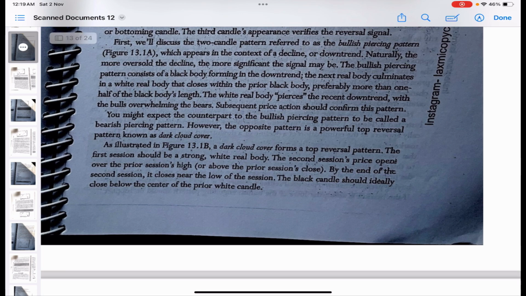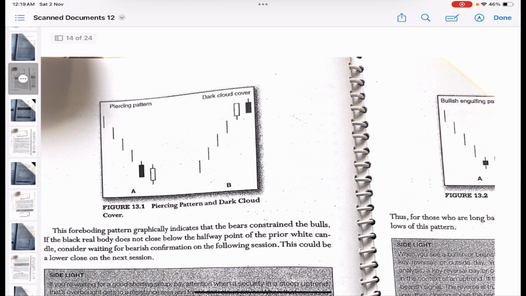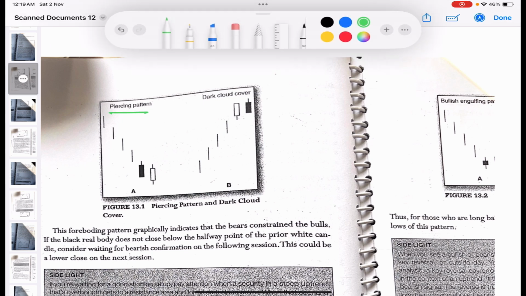We'll discuss the two candle pattern referred to as the bullish piercing pattern. Figure 13.1, let's see that. Okay, so this is how a piercing pattern looks. A downturn is going on, the last red candle, and then suddenly you have a green candle. This is a piercing pattern. Now, dark cloud cover is the opposite of the piercing pattern.